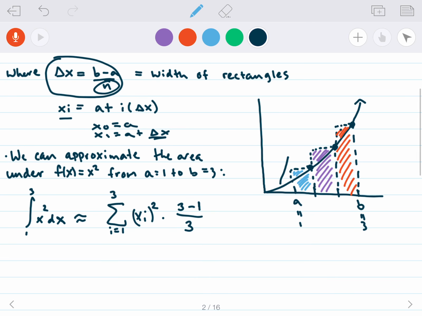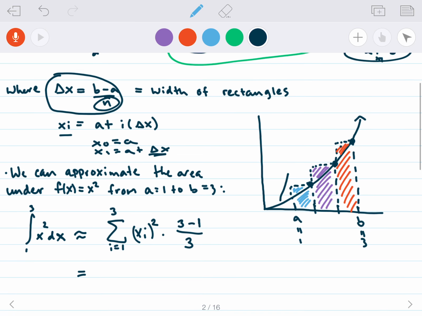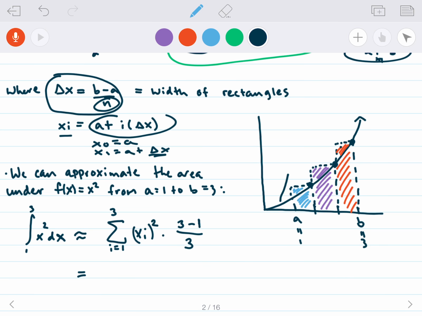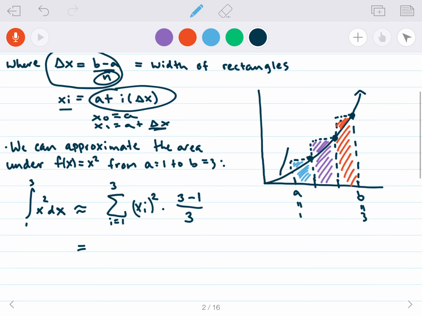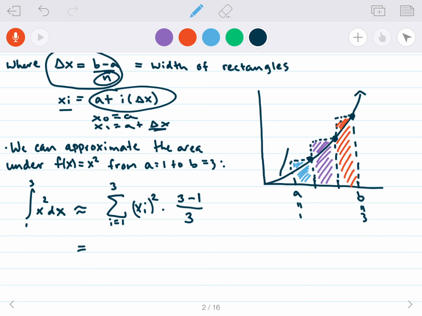And as I just mentioned, this xi is going to be a plus i times delta x. So this becomes the sum from i equals 1 to 3 of a plus i times delta x, squared, times 2 over 3.